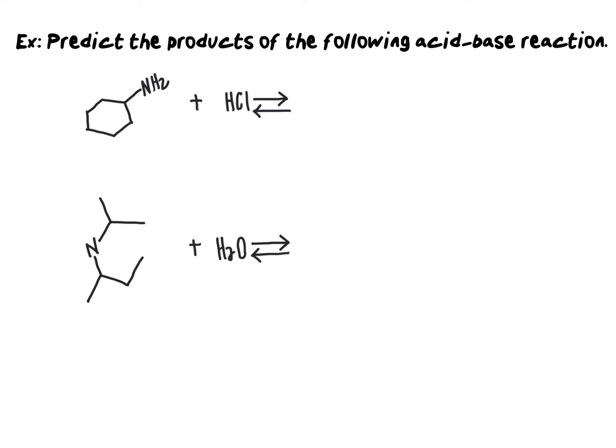Even though in our line angle formula we don't explicitly show the lone pair electrons there, if nitrogen has 3 covalent bonds, which it does in this case, and no formal charge, that implies for us that there has to be a lone pair that is hiding there. So what we can do, if we're showing how the product forms through this so-called reaction mechanism, we take the nitrogen lone pair electrons.